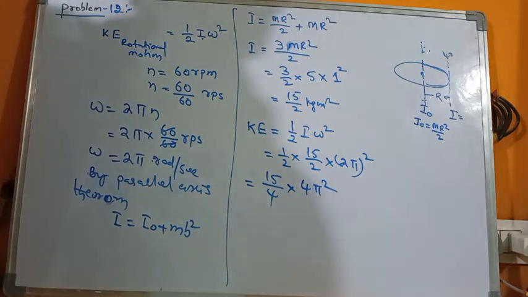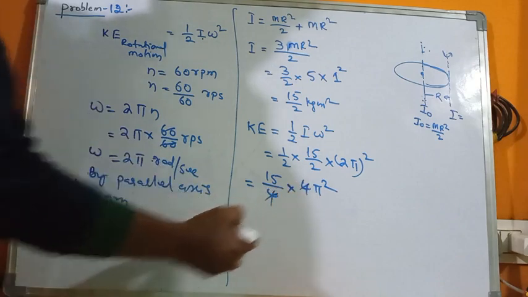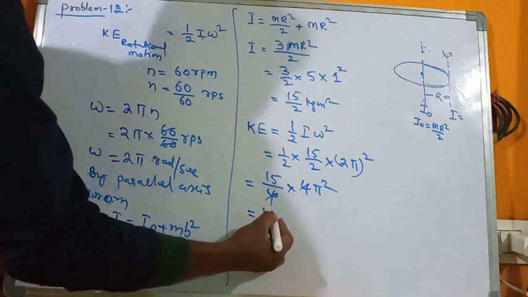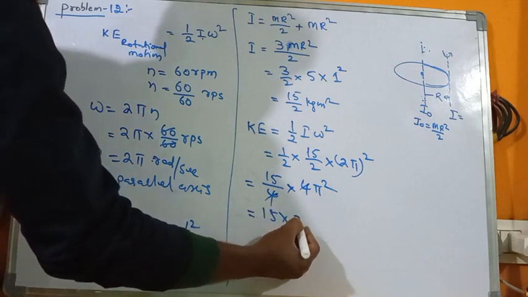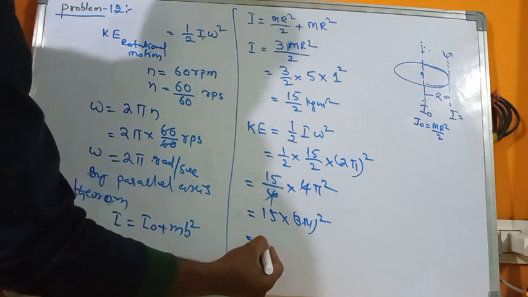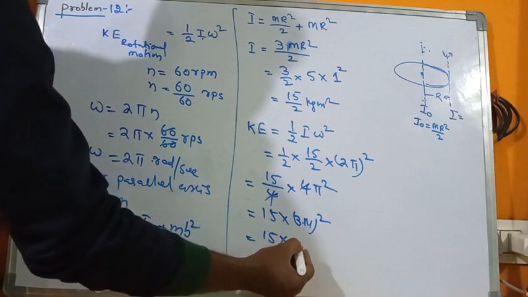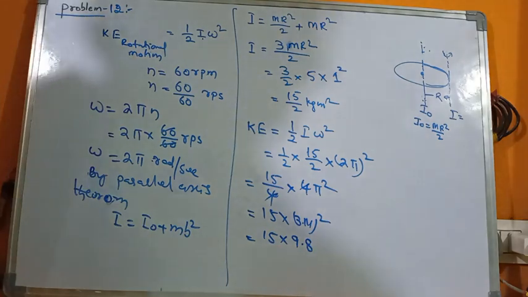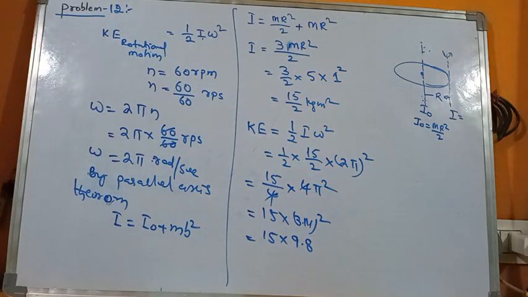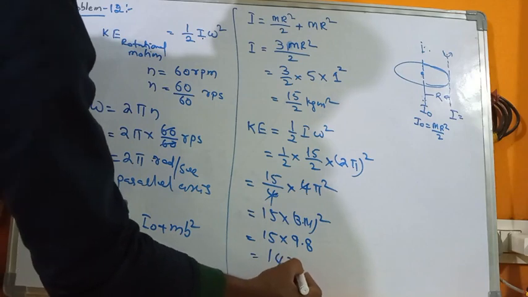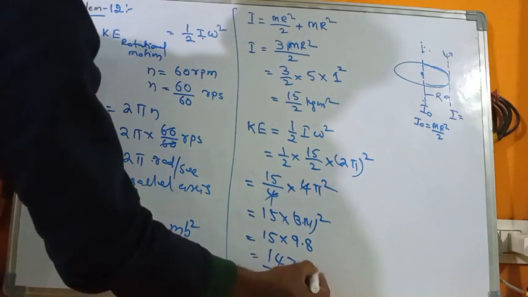The 4 and 4 cancel, and it is equal to 15 into 3.14 whole square. 3.14 square is 9.8 something, and the multiplication of these two is 147 something, that is joules.